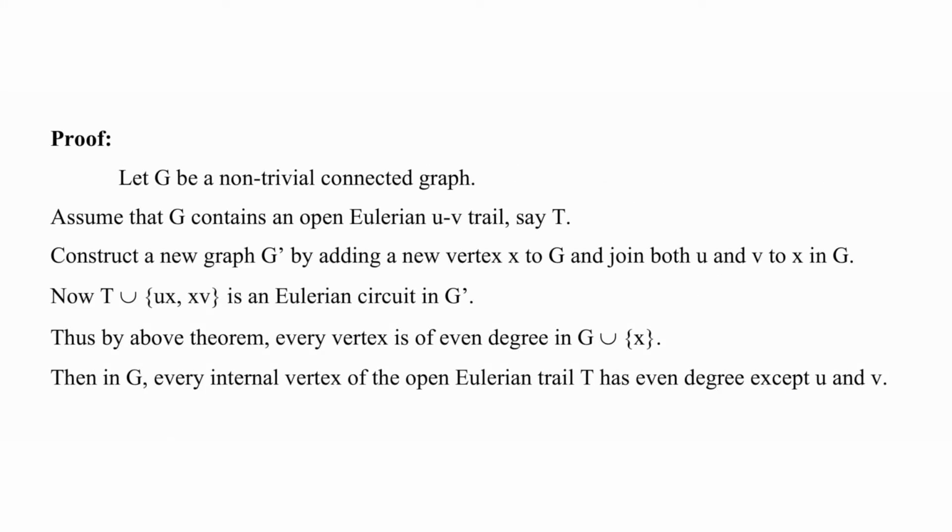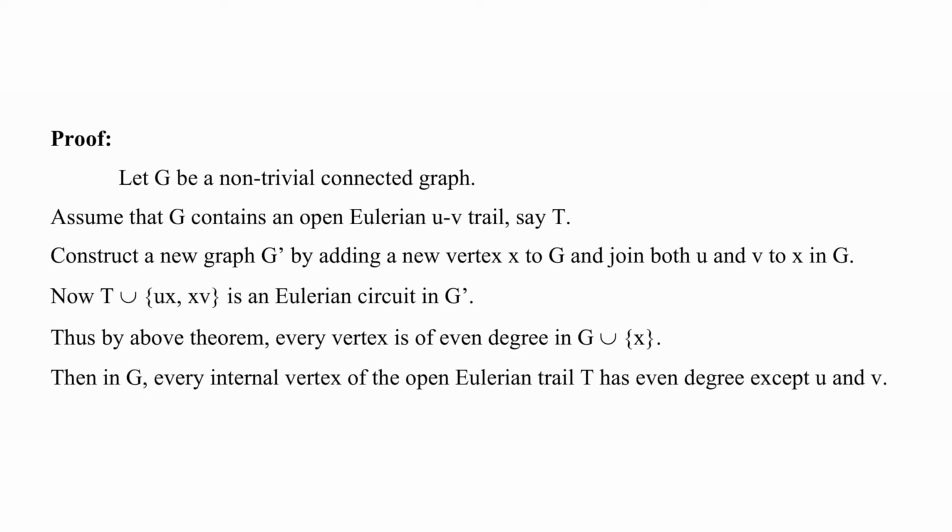Proof: let G be a non-trivial connected graph. Assume that G contains an open Eulerian u-v trail, say T. Construct a new graph G dash by adding a new vertex x to G, and let us join both u and v to x.